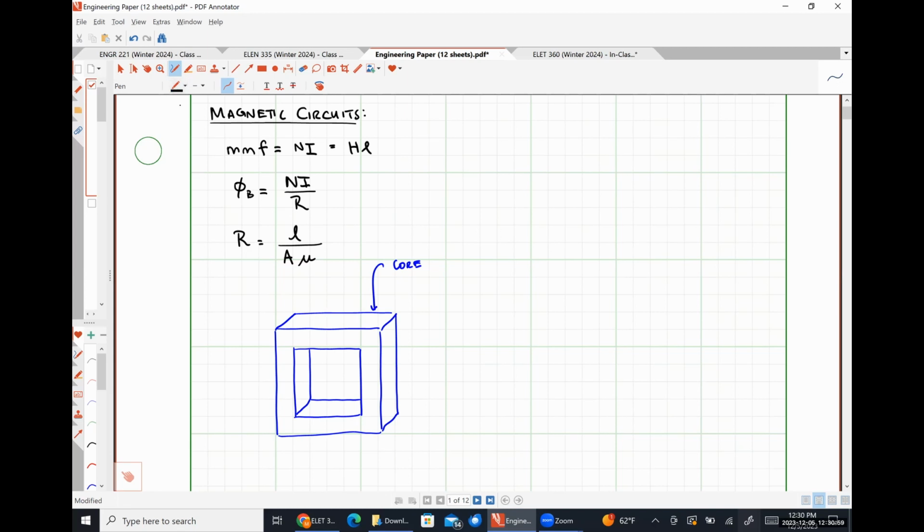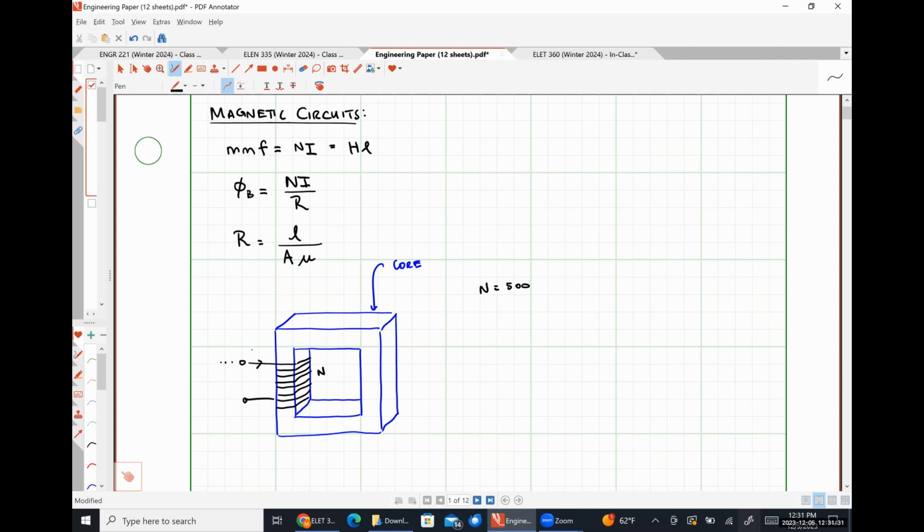And I'm going to wrap a wire around one of the legs of our core. We're going to say that this winding has n number of turns, where n is equal to 500.